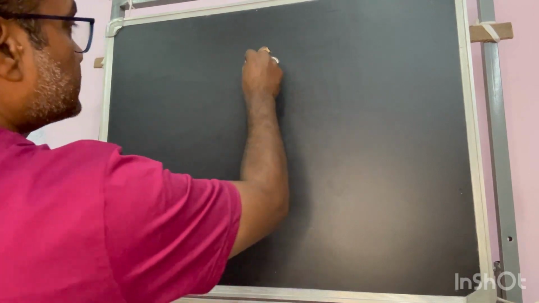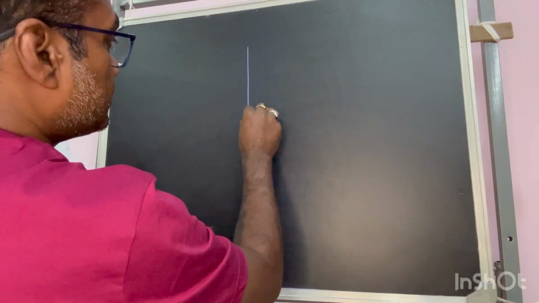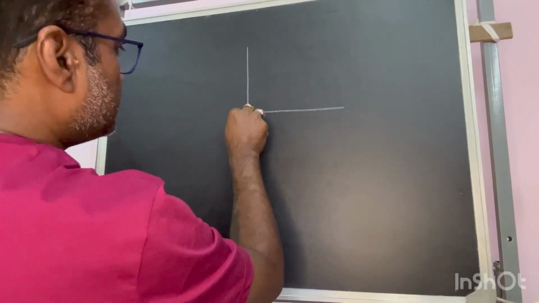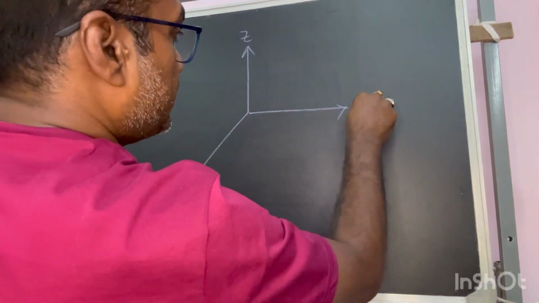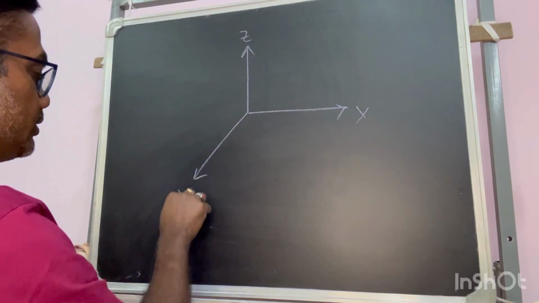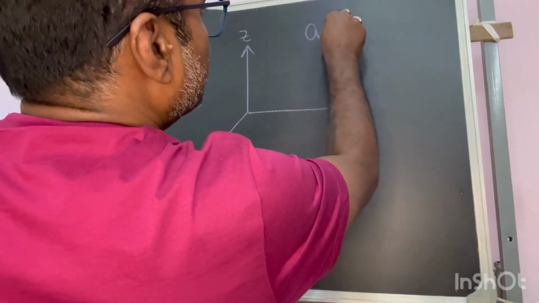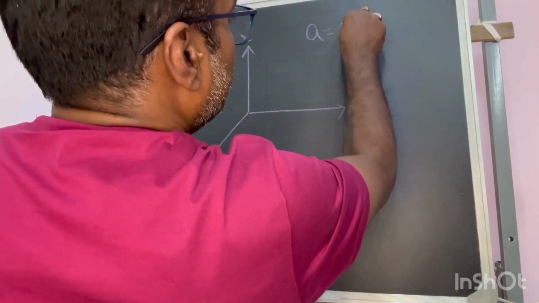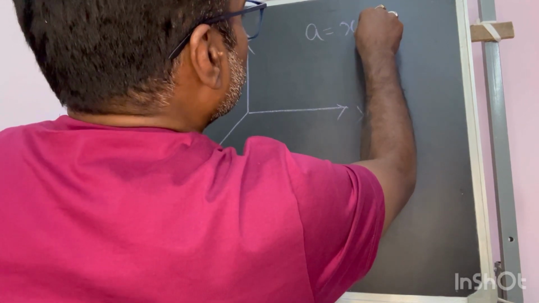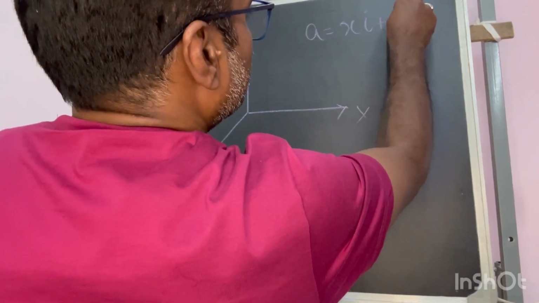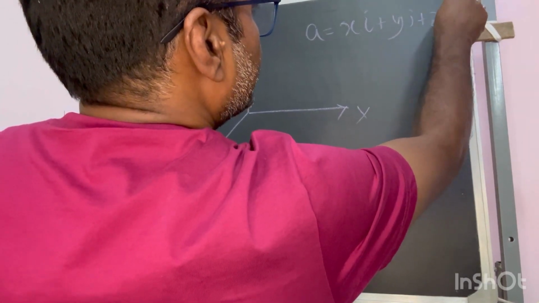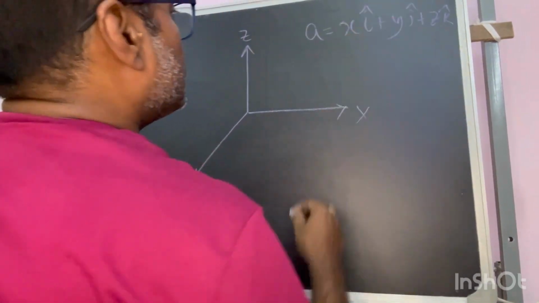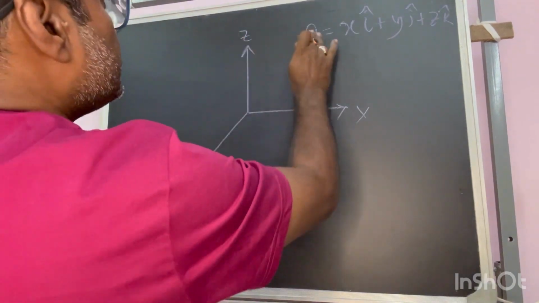So now I was saying how you will calculate. Let me show you how the magnitude will come. This is z, this is x, this is y. If I take any vector, let's say xi, yj and zk, this is one vector. So what is the magnitude of that?